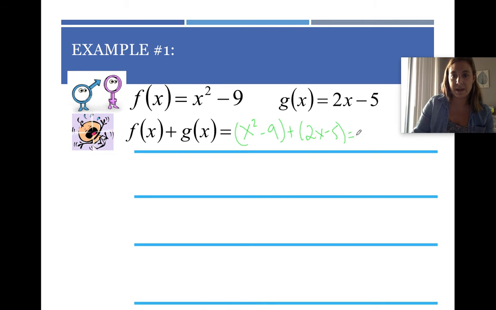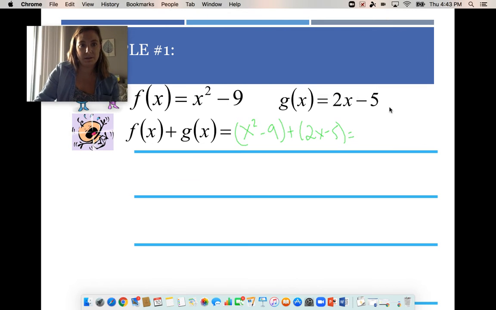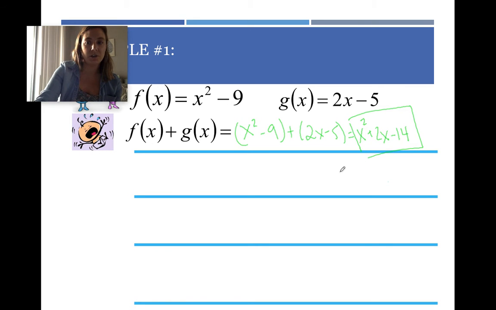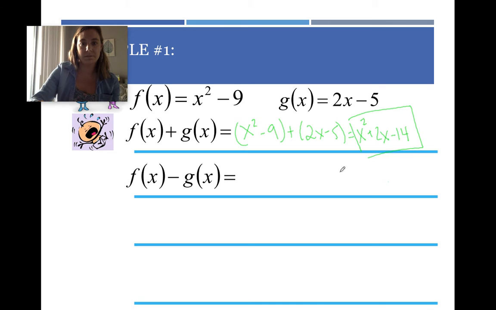I'm going to get x squared plus 2x minus 14, right? So I added a quadratic, a second degree polynomial, and a linear function, a first degree polynomial, and I got a quadratic. I'll do domain at the end.